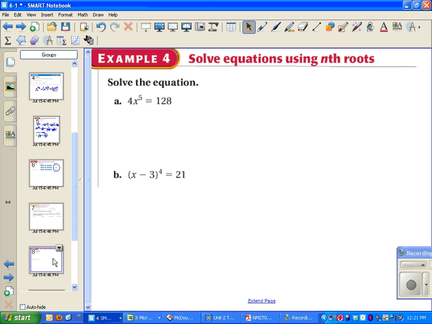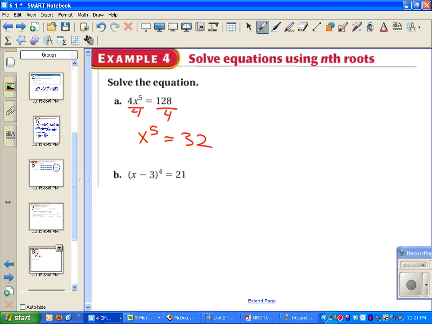Okay. Example 4, solving equations. So very similar to quadratics, for a, we want to get x to the 5th by itself. So the first thing we're going to do is divide by 4. So we have x to the 5th is equal to 32.